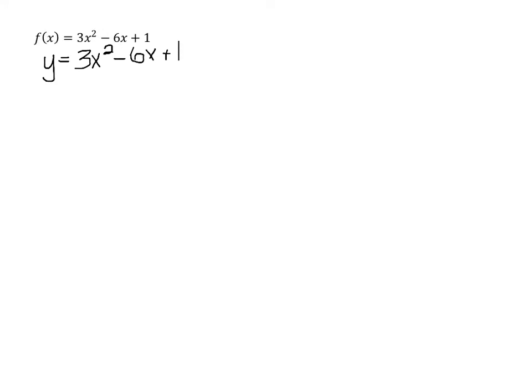Then the next step would be to subtract the constant from both sides. Then you're going to factor the right-hand side to make the coefficient on x squared equal to 1.